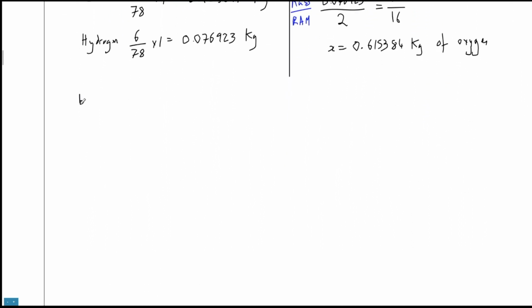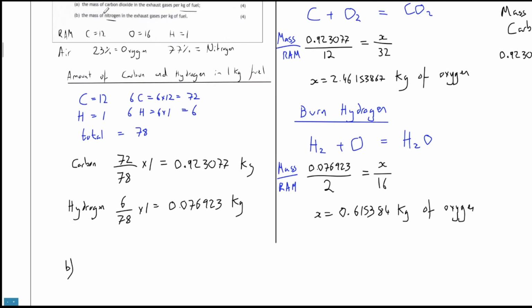I'm going to start question B, and it was the mass of nitrogen. So let's label that up as mass of nitrogen in exhaust gas. Okay, so first of all, I need to know how much oxygen was required.